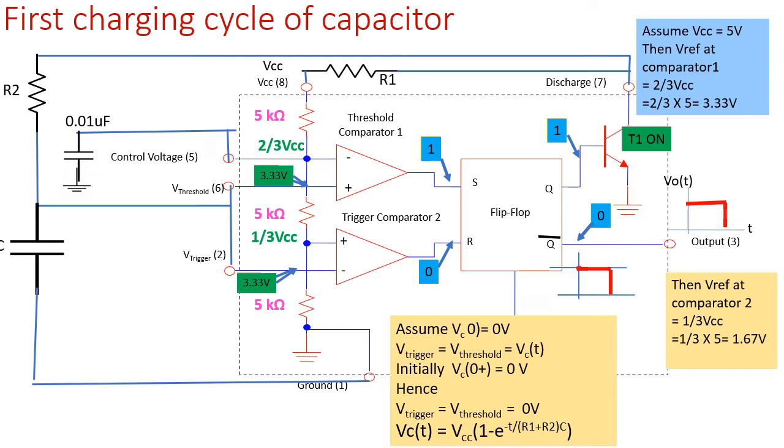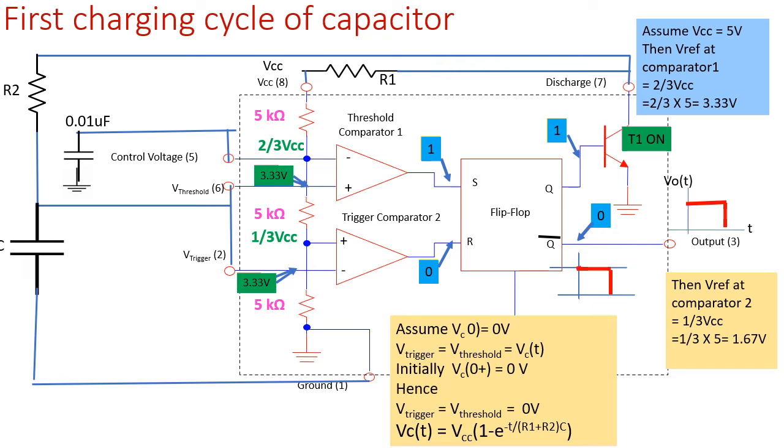So at time t equal to 0, 0 volt will appear at both comparator circuits. Because of this connection, threshold voltage and trigger voltage are the same, and this same voltage is equal to the voltage across the capacitor. So once we connect this circuit, my capacitor is at 0 volt.